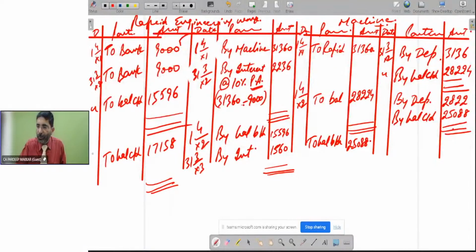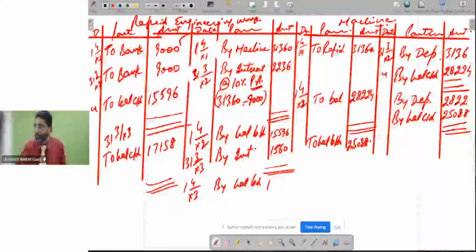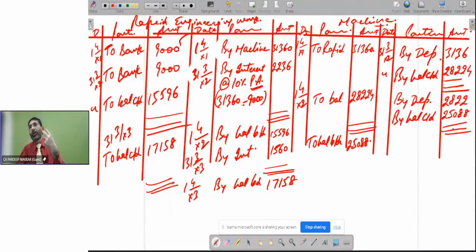Which is to be brought down. This is on 31st of March 2013 and 1st of April 2013. We have brought down this balance. Now interest for further 2 months will be charged in this case because the acquisition is made on 31st of May. So April and May, 2 months interest will be charged.